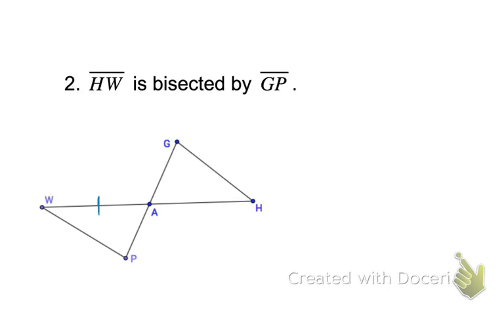Going to use one right here with WA and another one between A and H to show segment AH is congruent to segment AW. So I'm going to write that now. Segment WA is congruent to segment HA.